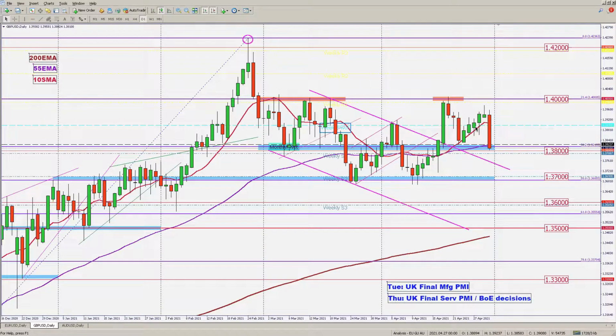So it was a fairly sluggish move up until Thursday, and then swung back down to just below the daily 55 EMA to the 138.00 area. There could be a further bearish move, and it could test this upper bearish channel trend line.